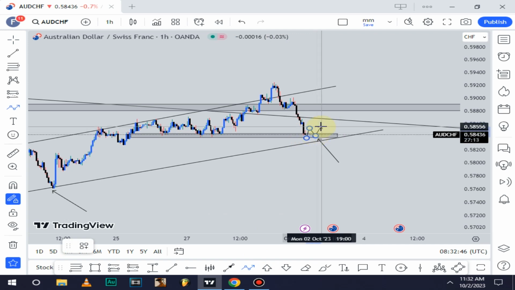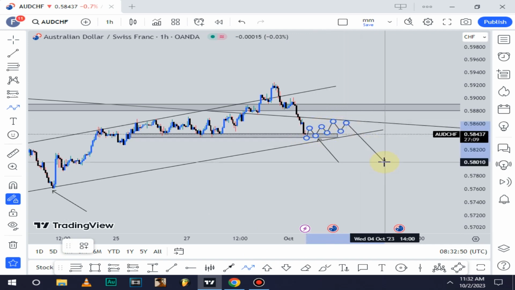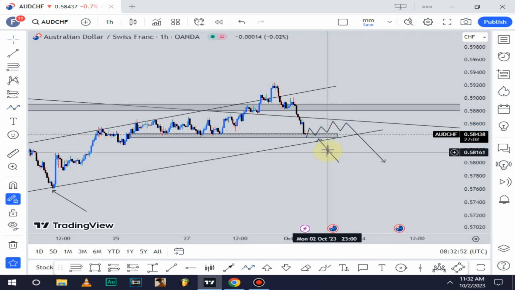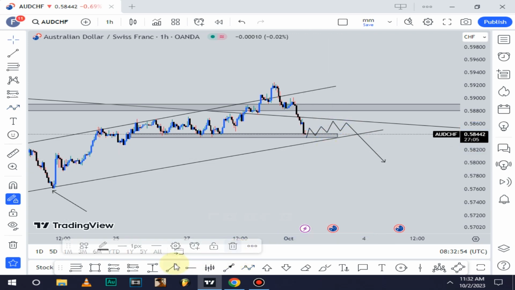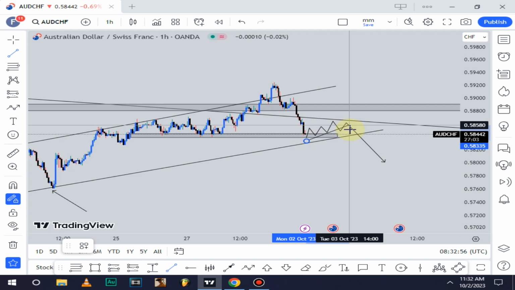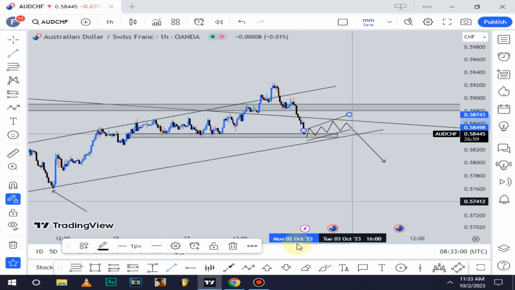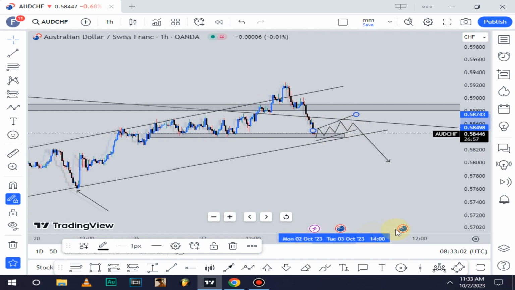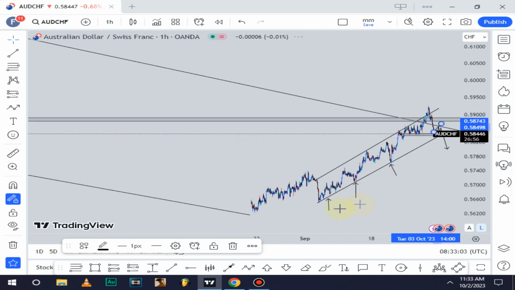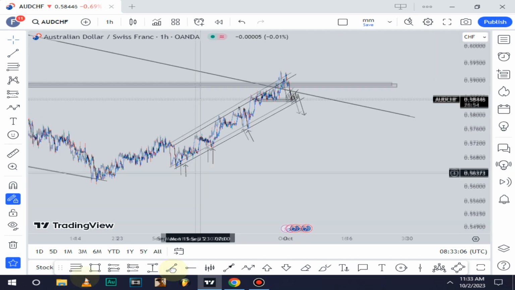I expect the market to give us some continuation pattern. And if the market breaks out of that continuation pattern, that is when we should take our sell entry. So this is what I might be expecting the market to do. That is when we should be swinging this all the way back to the center.